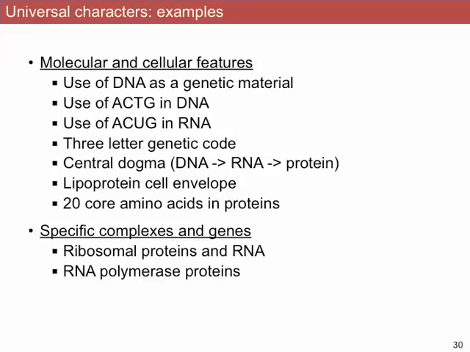So remember, similarities between taxa can arise in 2 main ways: common ancestry, similarity due to homology, or convergent evolution. So what you have to do is ask, are these features indicative of homology, or are they indicative of convergent evolution?